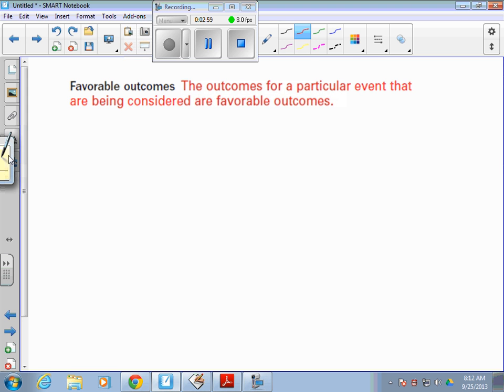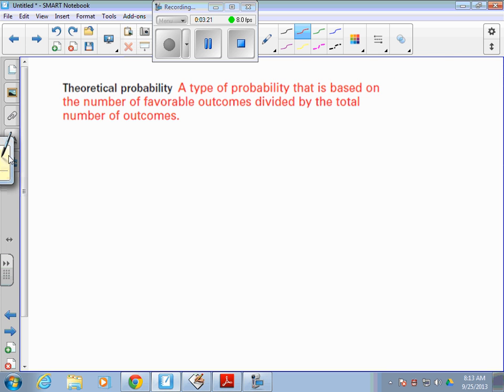If you want to see how many times you can get heads, heads is the favorable. That doesn't mean tails is bad. It's just not what you're looking for. Going back to the red and blue example, if red was the favorable outcome, that doesn't make blue bad. It just makes blue not favorable.